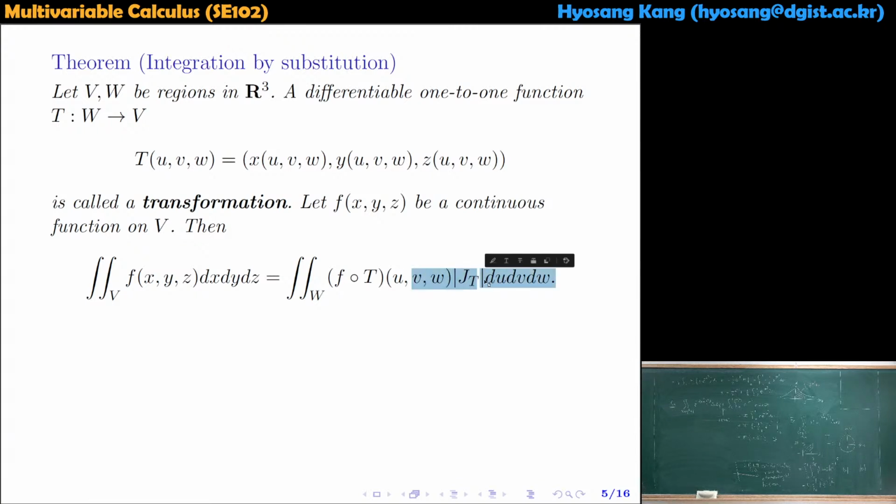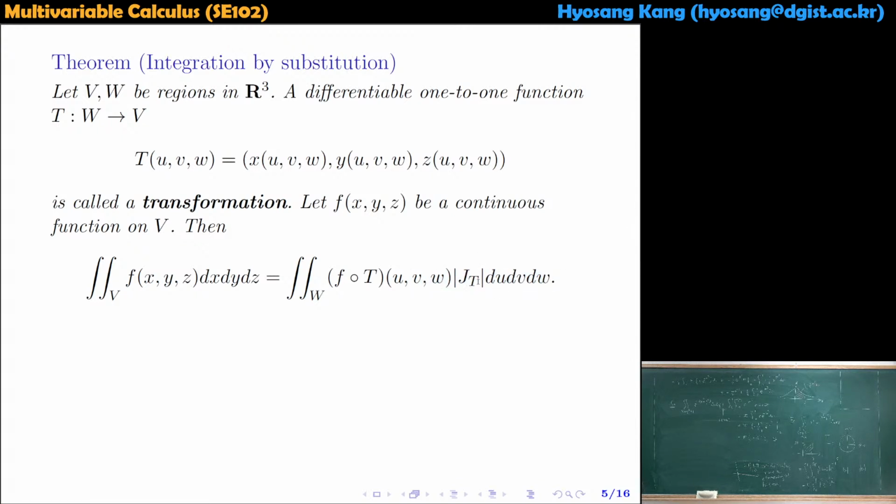The role of the absolute value of the Jacobian is the same as the role of the Jacobian in the 2-dimensional case. It modifies the ratio between the small subregions inside the xyz space and the uvw space.